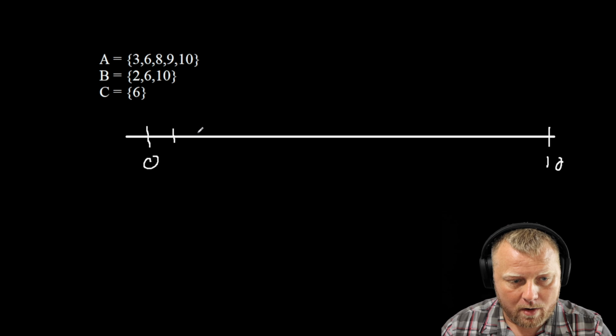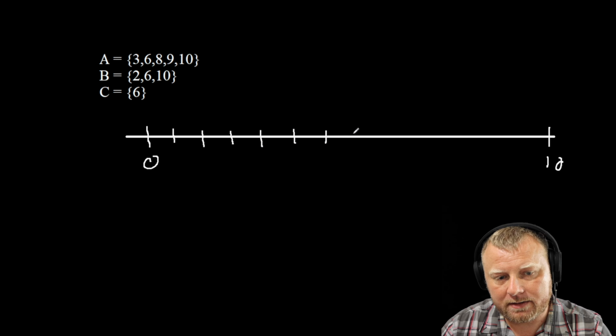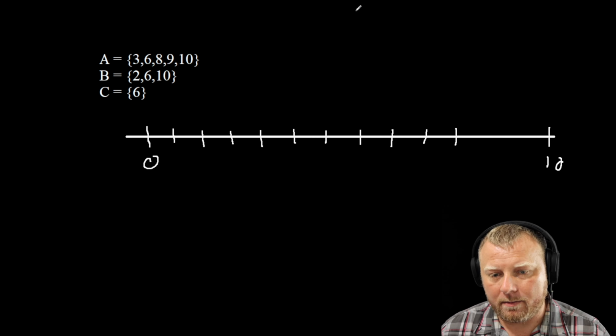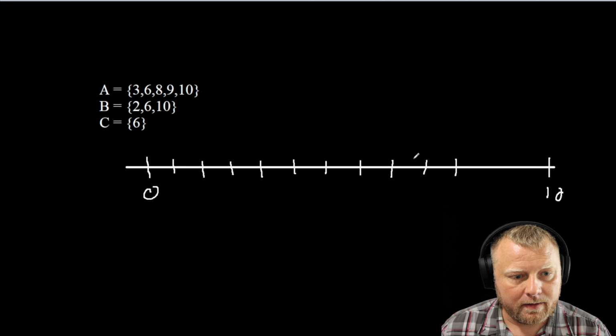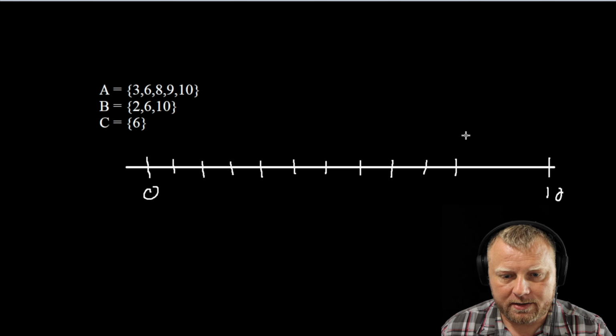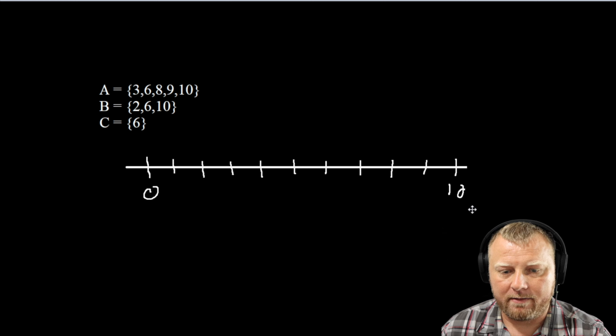We'll say 1, 2, 3, 4, 5, 6, 7, 8, 9, and 10. And because I have the magic of a computer, I'm going to press some buttons I shouldn't. I'm going to just delete this part and move the 10 over and pretend that I did it right the first time.